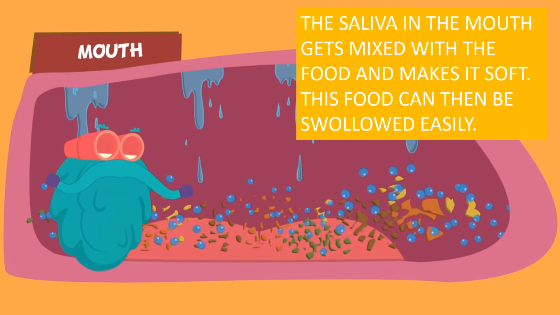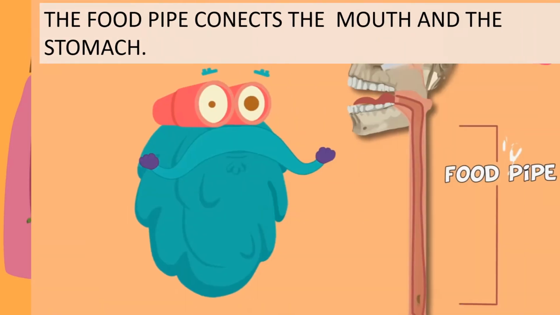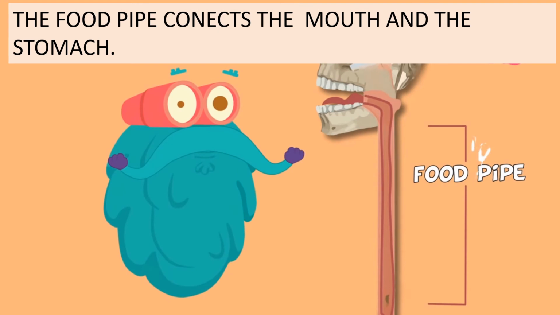The saliva in the mouth gets mixed with the food and makes it soft. This food can then be swallowed easily. The food pipe connects the mouth and the stomach. From the mouth, the food reaches the stomach through this food pipe.